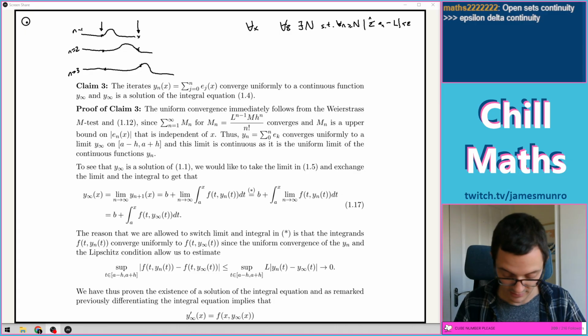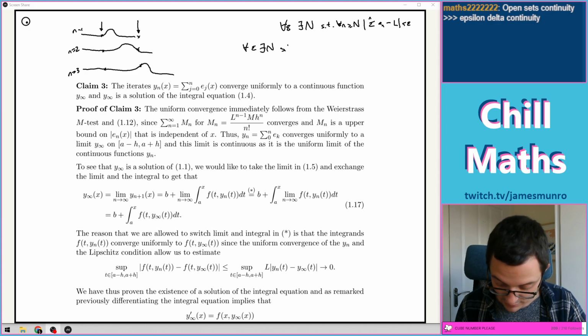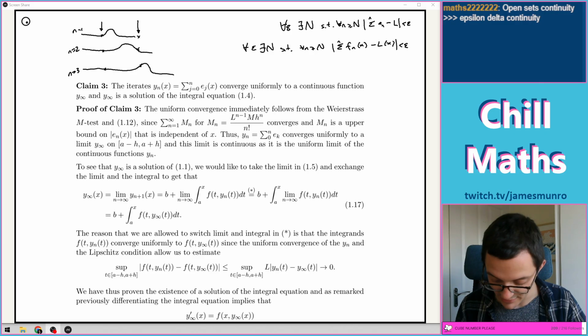And then there's two ways that you can make this talk about functions instead. So if you're talking about functions, there exists an n, and then for all time after that, the sum of your functions looks like your target function, its difference or something.